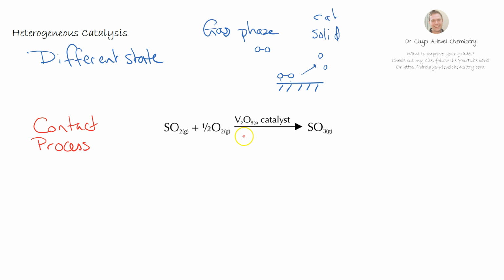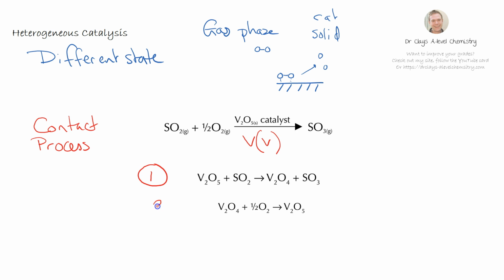Now, if you work out the oxidation state, we've got 5 oxygens, so they're each -2, gives us -10. We've got 2 vanadiums, so we're actually catalyzing this with vanadium(V) oxide. It's catalyzed in a two-step reaction, with the first step oxidizing the SO2 to SO3 and reducing the vanadium from vanadium(V) to vanadium(IV).